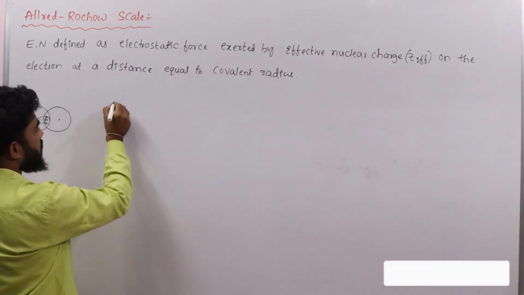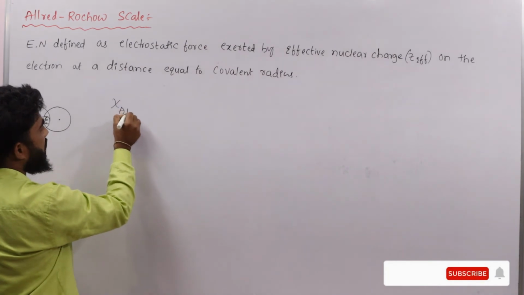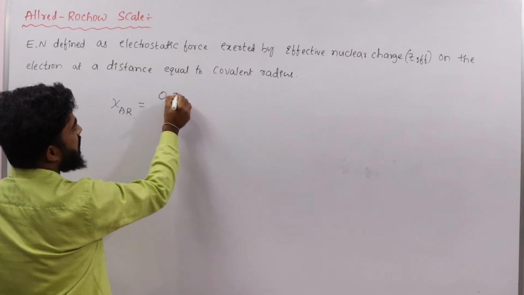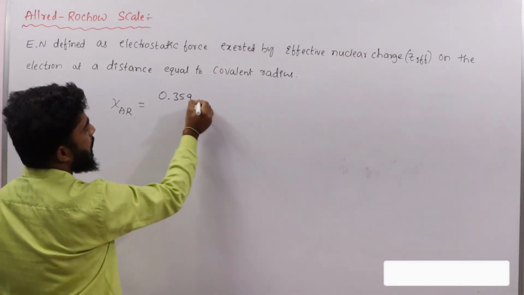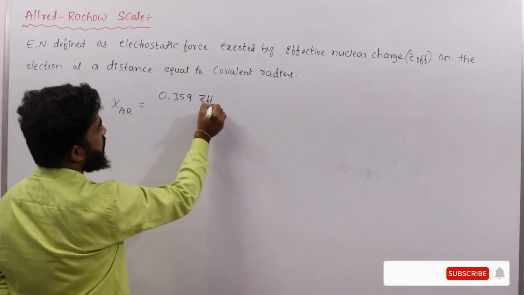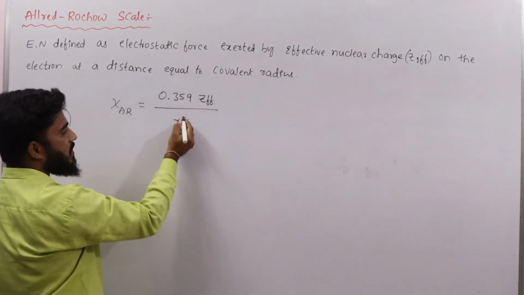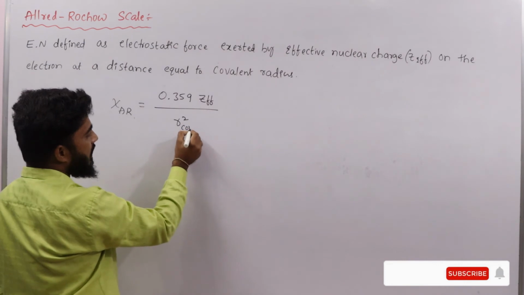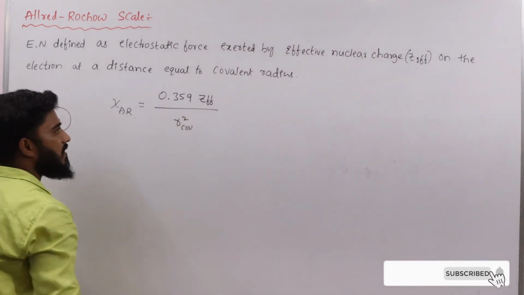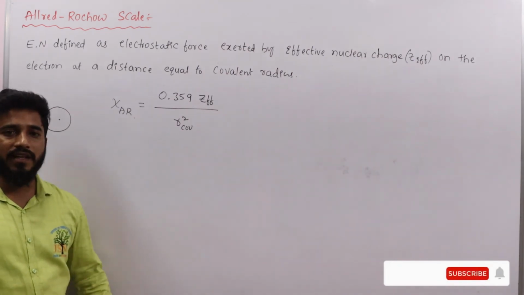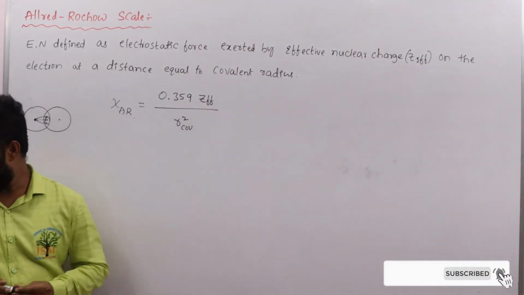Based on this, electronegativity equals 0.359 times Z effective by R square. R means covalent radius, and Z effective means effective nuclear charge, which we can calculate from the Slater rules.